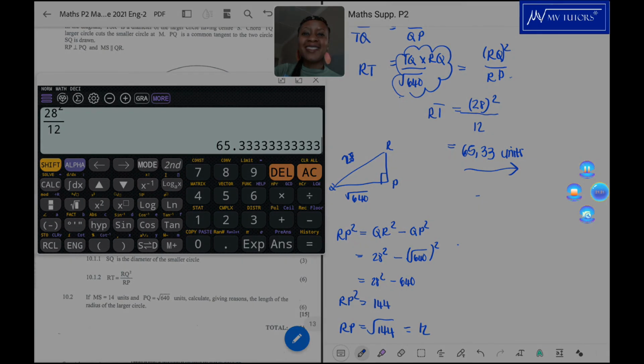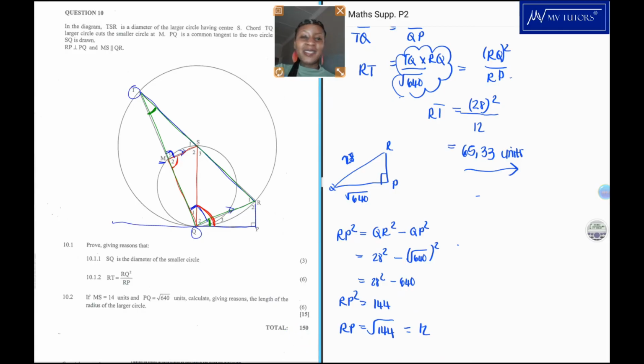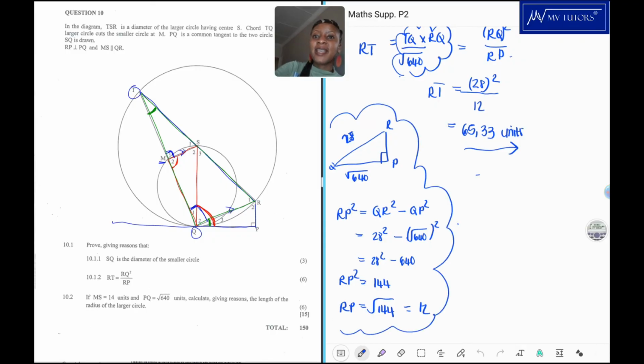All right, hello guys. I realized I actually didn't answer the last question. It says the radius of the larger circle. So RT is actually the diameter.